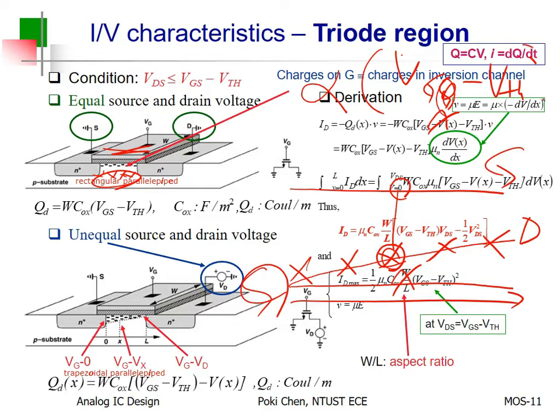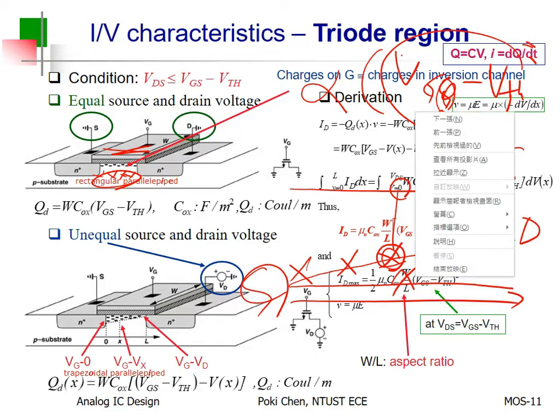If you go from the source to the drain, the gate voltage stays the same here, but the voltage along the channel will increase. So this difference will be reduced linearly. It means the channel depth will also be reduced linearly.